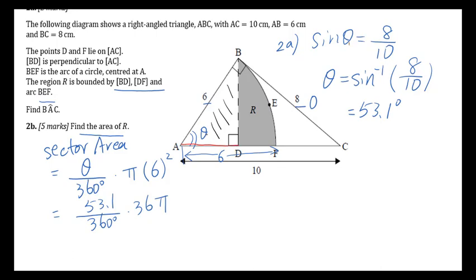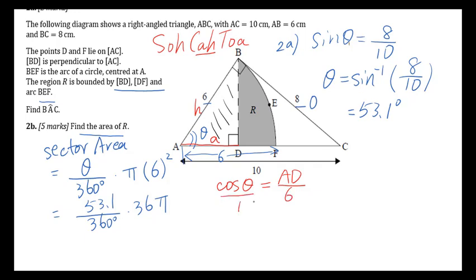For this AD, corresponding to theta it will be adjacent, and AB will be hypotenuse. So we use cosine. Cosine theta equals A over H, that's AD over AB, which is 6, so cross multiply. You will get AD equals 6 times cosine theta.